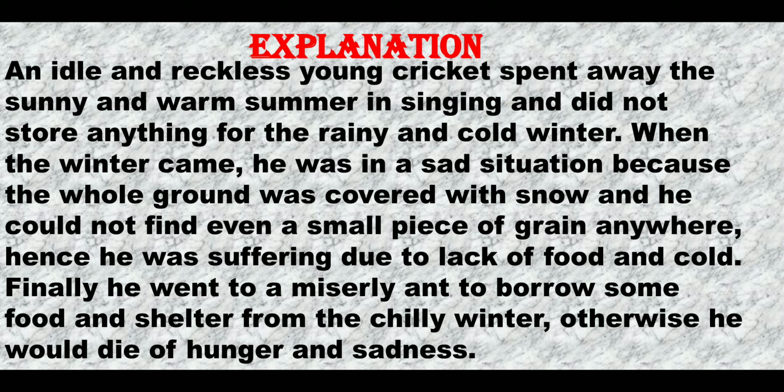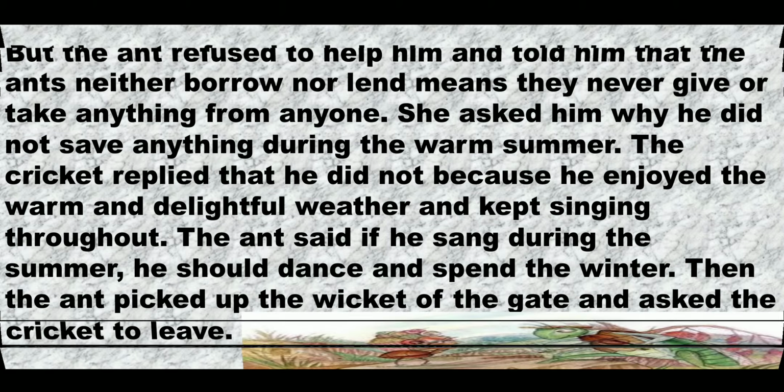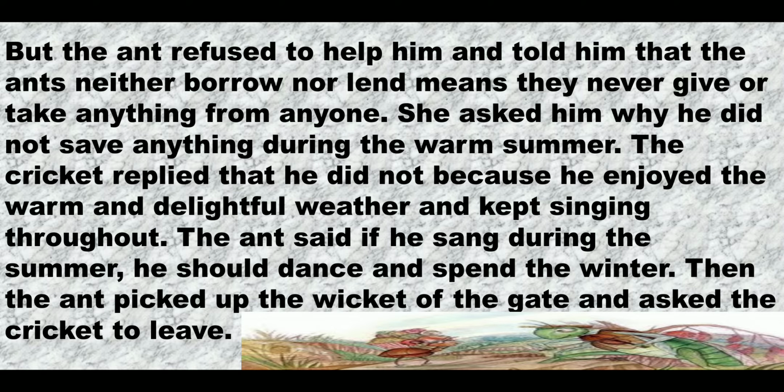Finally, he went to a miserly ant to borrow some food and shelter from the chilly winter. Otherwise, he would die of hunger and sadness. But the ant refused to help him and told him that the ants neither borrow nor lend, means they never give or take anything from anyone.